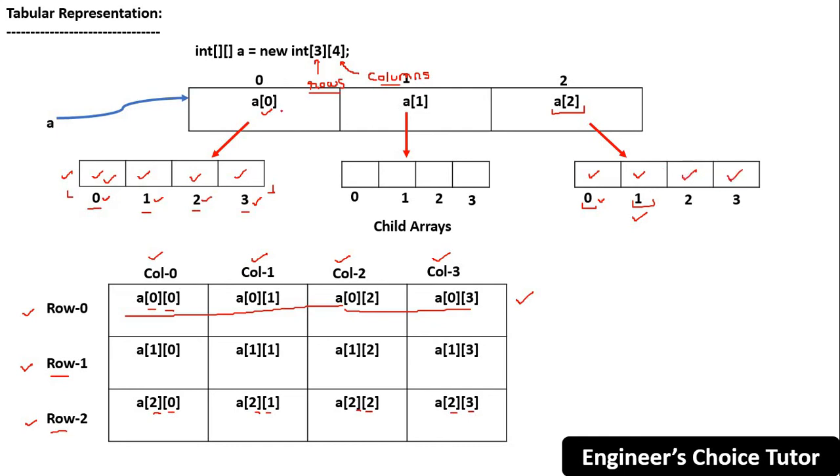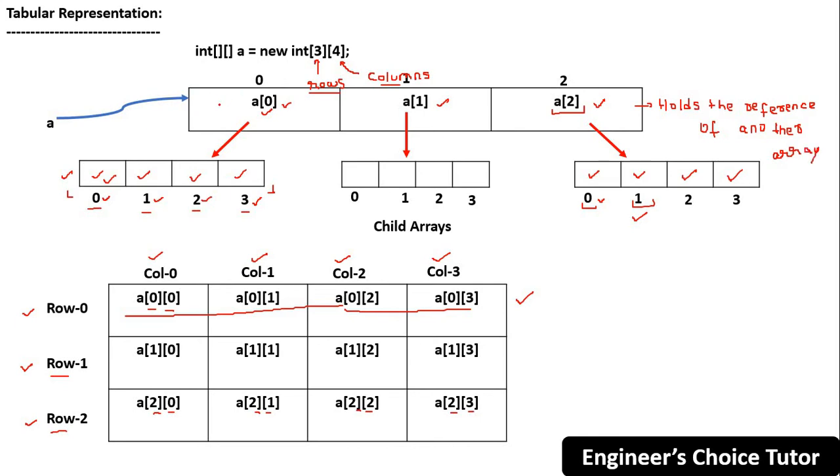So basically a0, a1 and a2 hold the reference of another array.